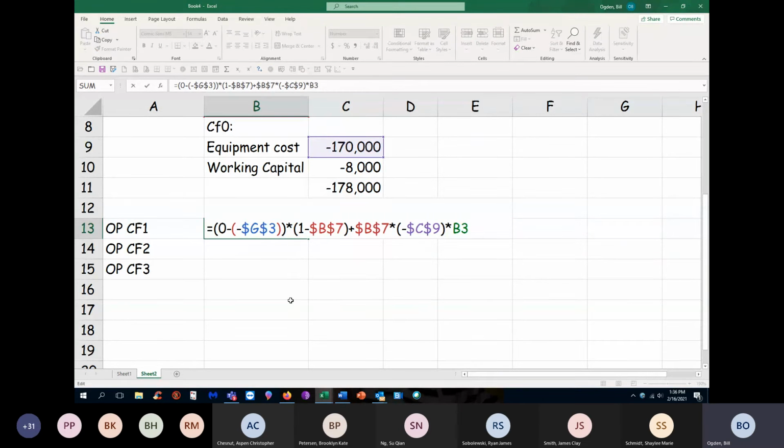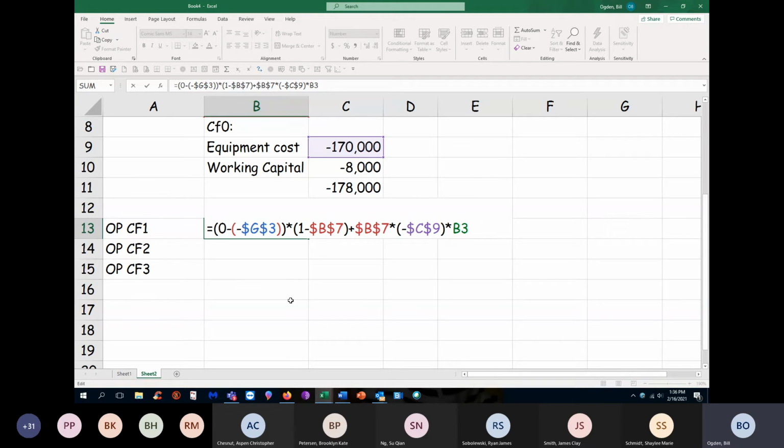So there's the equation again. So revenues, 0, minus expenses, or minus costs. Expenses are an income statement item. Costs are a cash flow item.